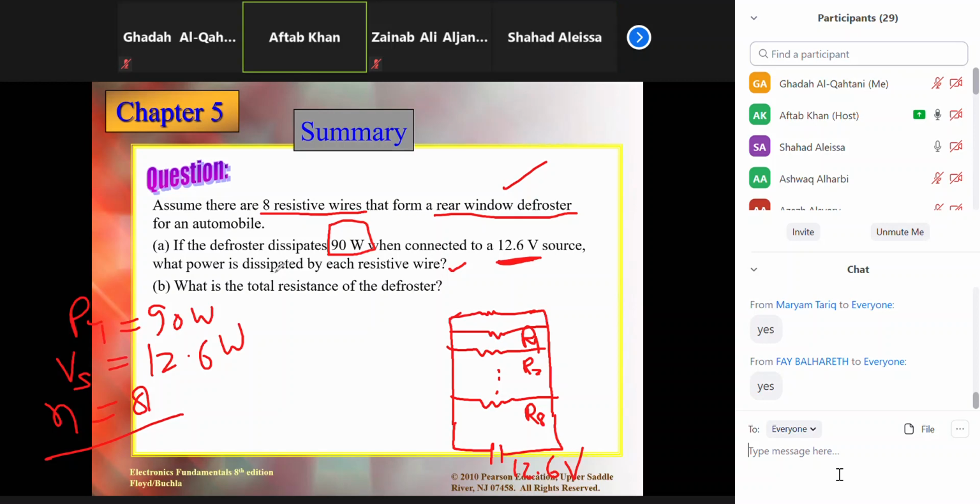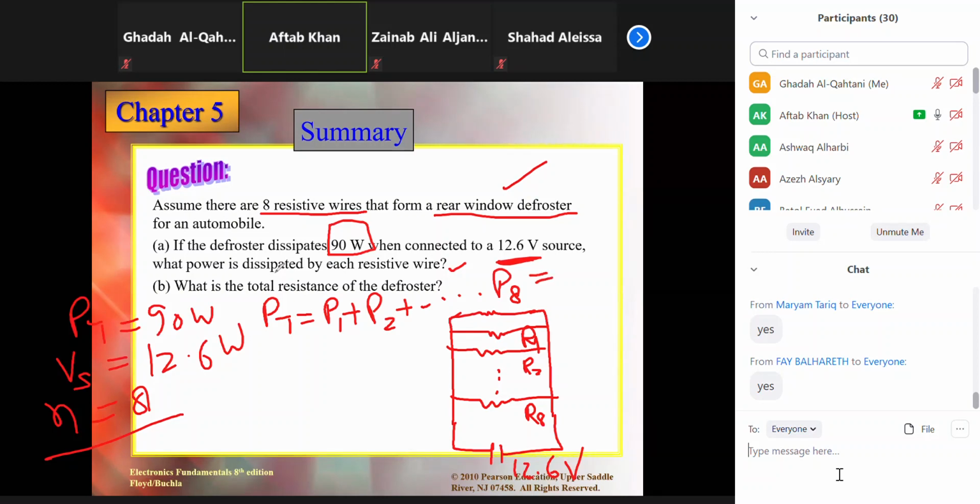I have already taught you that one. You know what? Because of what they said here, we know that formula. What is that? PT is equal to P1 plus P2 plus P3. We know this one, and all powers will be the same. Actually, we know this formula, right? So from this formula, because all resistances are of the same value, they are forming a mesh here.